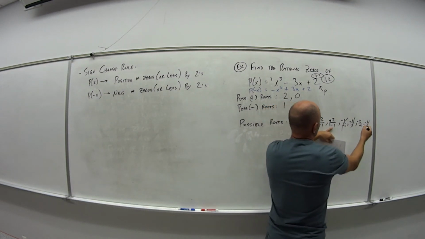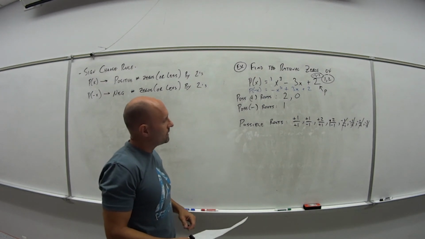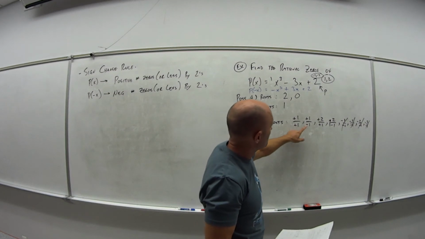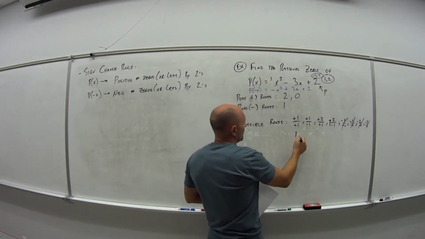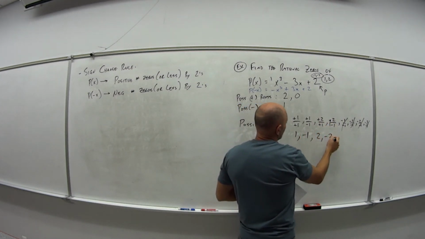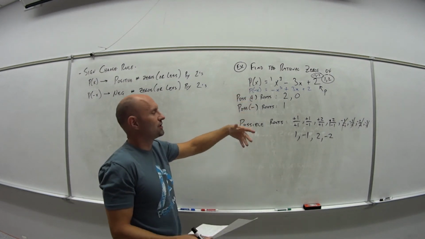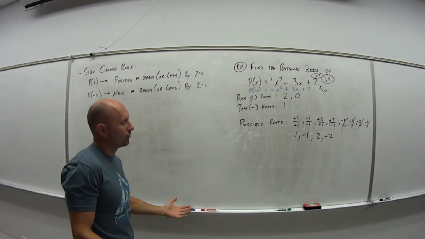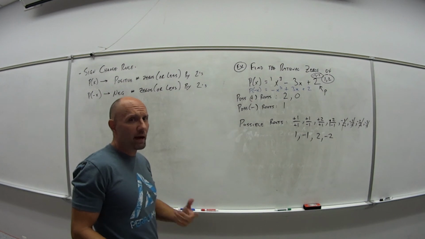And this is negative 2, same as negative 2 over positive 1. Oh yeah, this is negative 1. So the possible roots are 1, negative 1, positive 2, and negative 2. And anytime we have 1 as our leading coefficient, that's how it's going to work out: just the positive and negatives of the factors of the last term. So that's our possible roots.